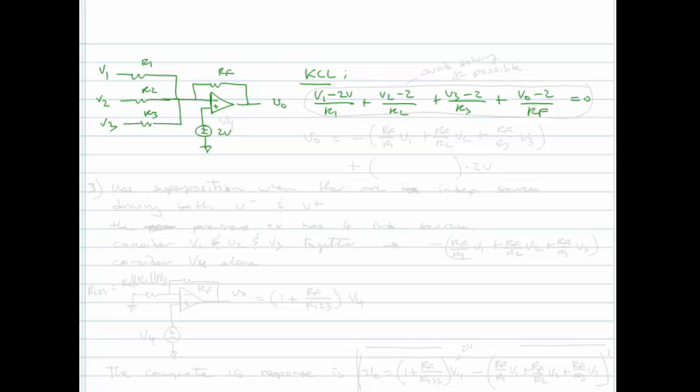And you could solve for VO in that case, which will still have the form that we saw before, minus RF over R1 V1 plus RF over R2 V2 plus RF over R3 V3, but then there will be another term that will be due to the 2 volts.